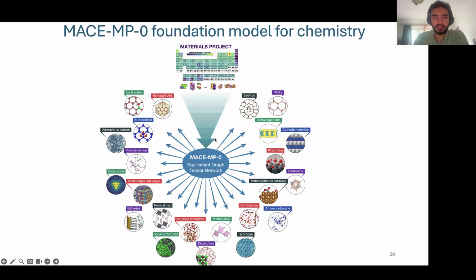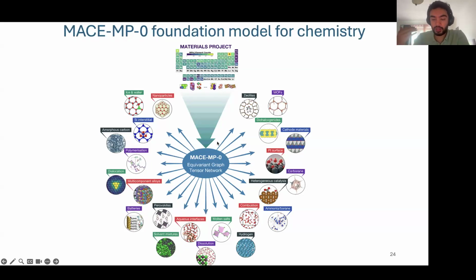So we went about fitting a MACE model to all of the Materials Project, and we produced this MP0 model. And then we tried to benchmark it as thoroughly as possible. So we started asking people around to test it on their favorite system. So we tried zeolites, amorphous materials, reactions, salt, interfaces, ice, all of these things.